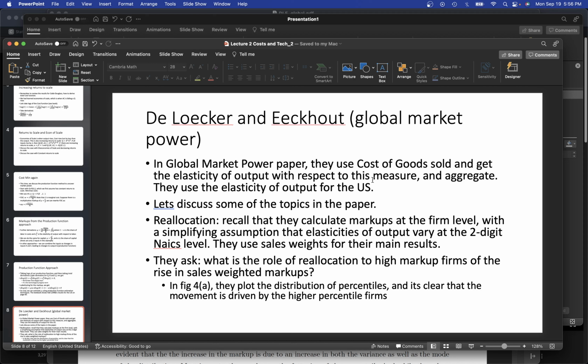So in figure 4a, they plot the distribution of percentiles, and it's clear that the movement is driven by the high percentile firms. So the high markup firms are getting higher.